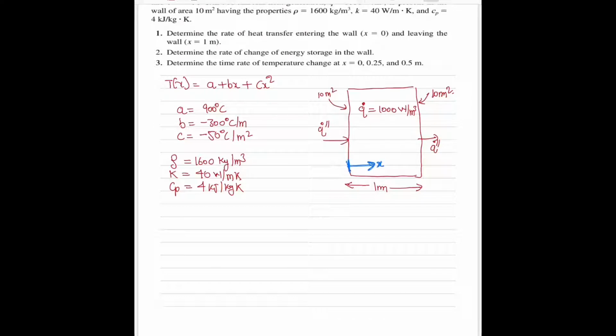So in the first part we have to determine the rate of heat transfer at both the faces, that is x equal to 0 and x equal to 1. So let's start with our solution for part 1.